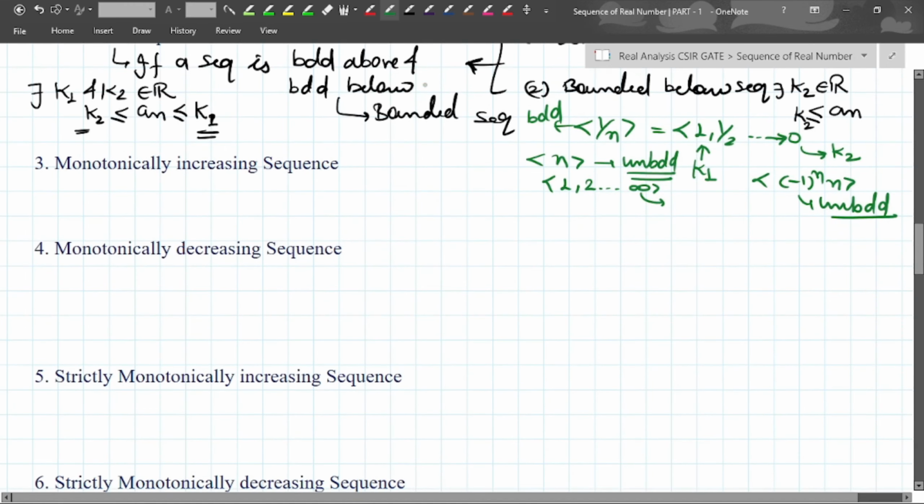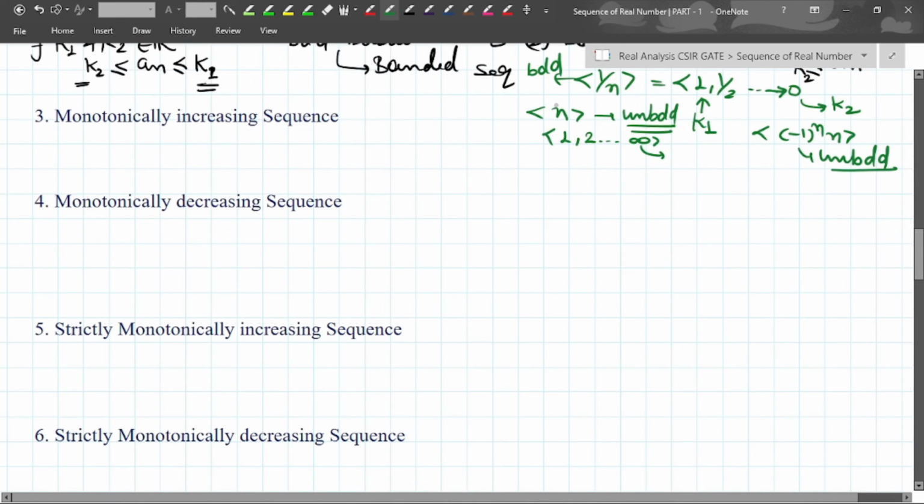Now we have the monotonically increasing sequence. What is the meaning of a monotonically increasing sequence? It means that every element is less than its next element for every n belonging to the natural numbers, or you can say your function is an increasing function.